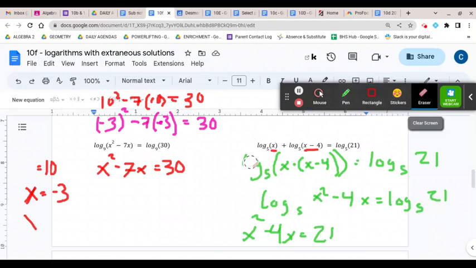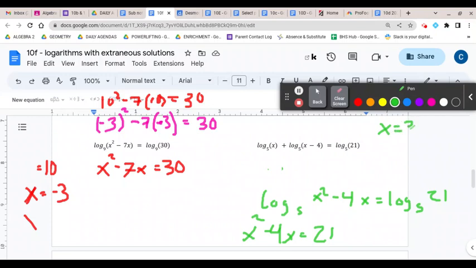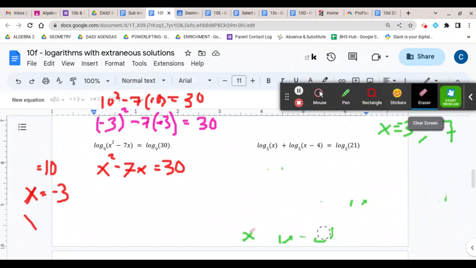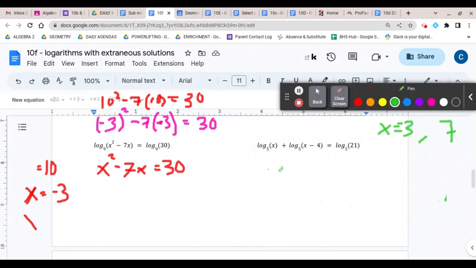Again, pause the video if you need to. I'm going to go kind of fast here. So x equals -3 and 7. Okay? If we plug in -3, what we're going to have is log base 5 of -3 and then log base 5 of -3 minus 4, which is -7, equals log base 5 of 21.